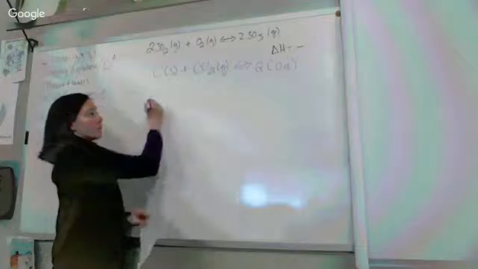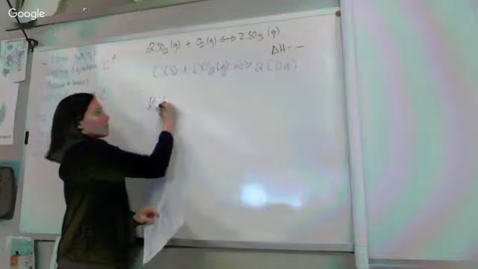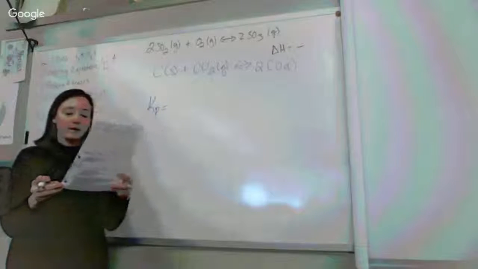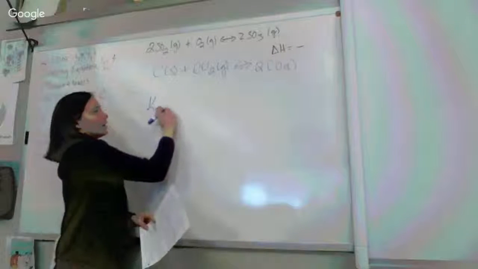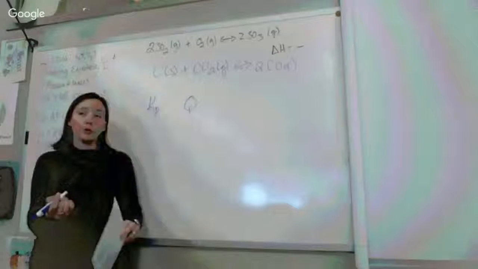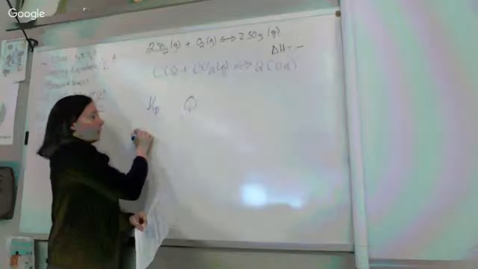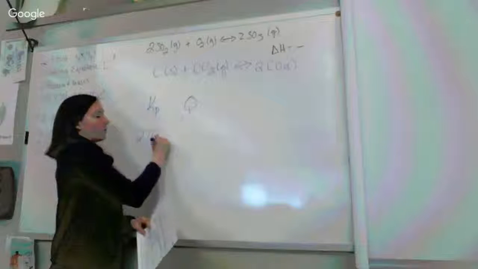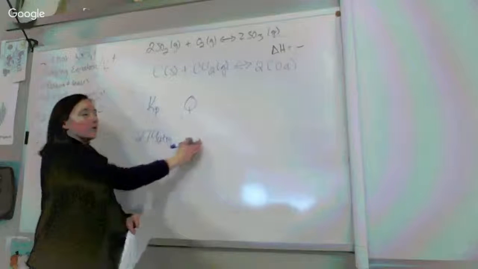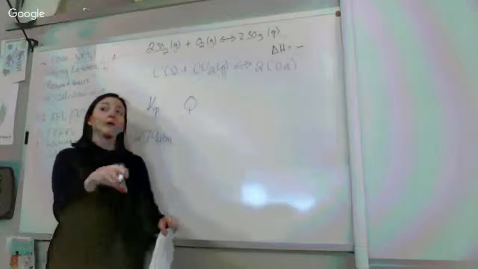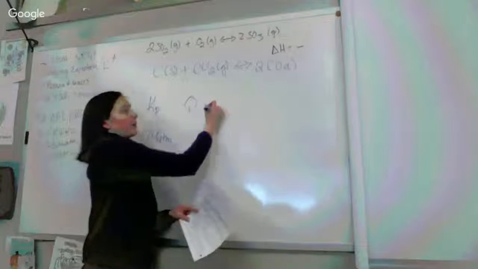But they gave you the partial pressure values, so you could plug them into your pressure equation and see how what we call Q relates to the K value, because you found the K value earlier. You could solve for where you are now and see how you get to equilibrium.